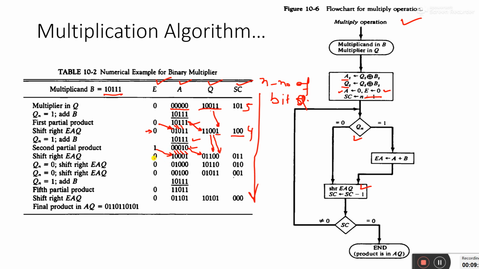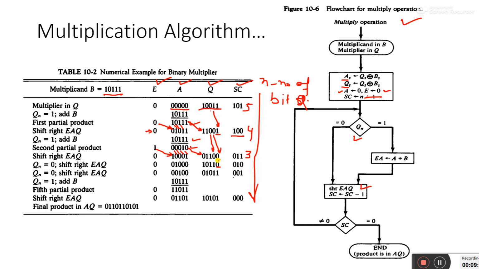Okay, now after shifting, again I have to decrement it by 1, and it will become 3, and now I got 0 here. So what I need to do, I just need to shift it once. Here it is a 0, so I just need to shift it once.